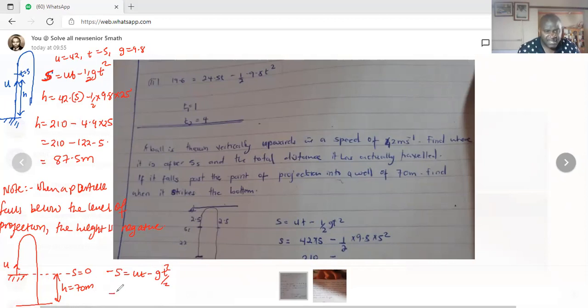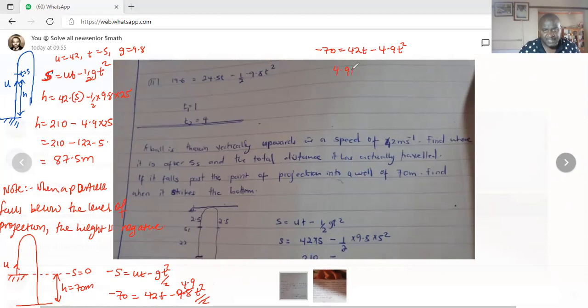Therefore, we shall have negative 70 is equal to 42t minus 9.8t squared over 2, since they're asking for time. When you divide this by 2, you get 4.9. Therefore, negative 70 is equal to 42t minus 4.9t squared.